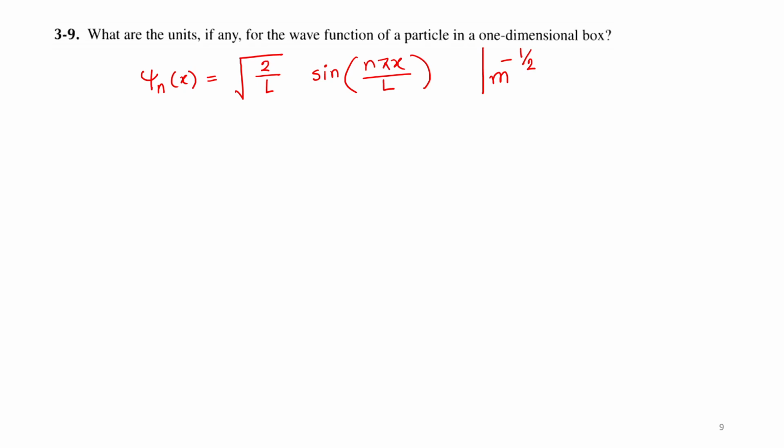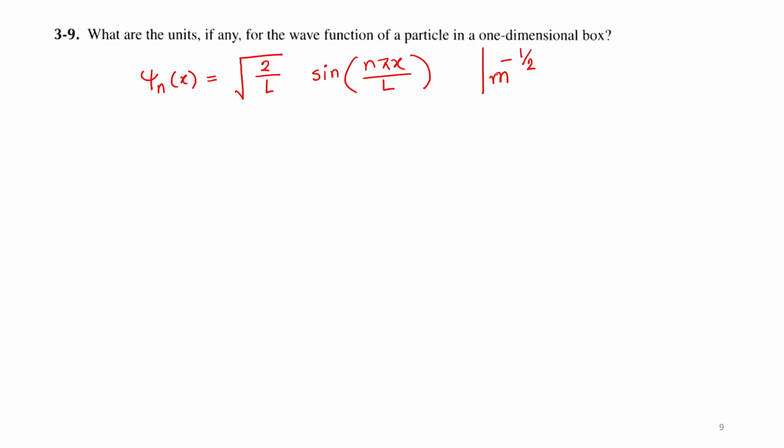That is unitless, but you have a unit on this side, root over 2 by L, because L has meter, right? So it is meter to the power 1 by 2 because there is a root. If the root was not there, then it would have been meter inverse.